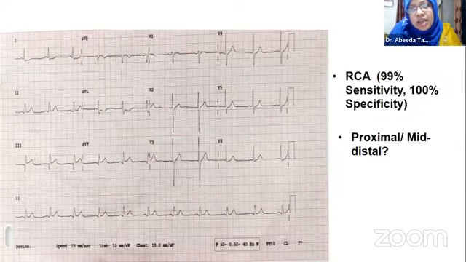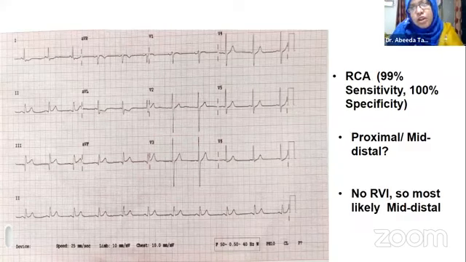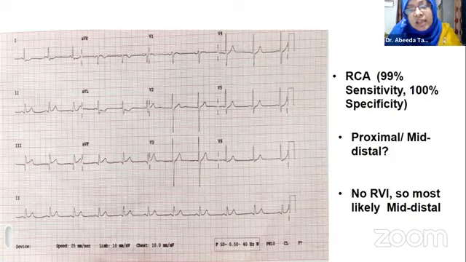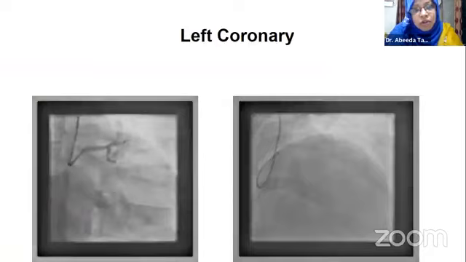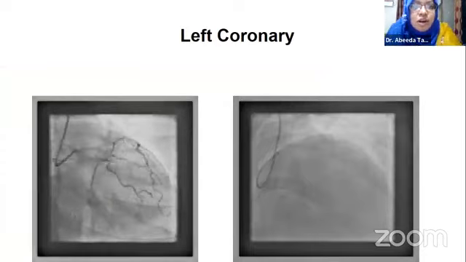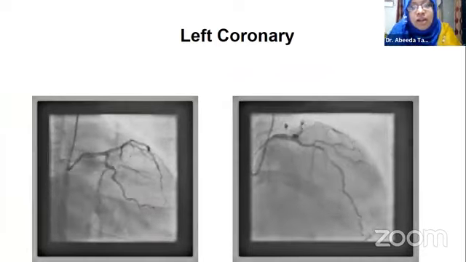If we ask whether the proximal, mid or distal RCA is involved in this case, as there is no right ventricular infarction, most likely the distal part of the RCA, after the proximal part, is involved. So let's see what we found in the coronary angiogram.